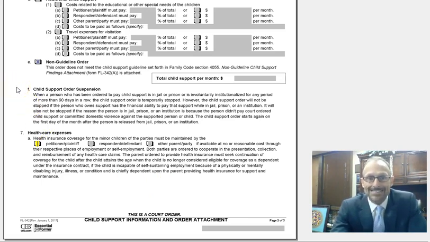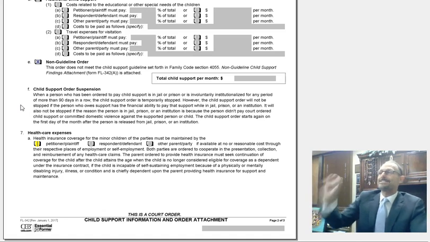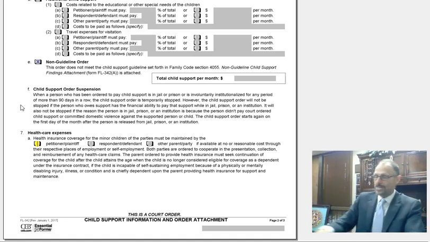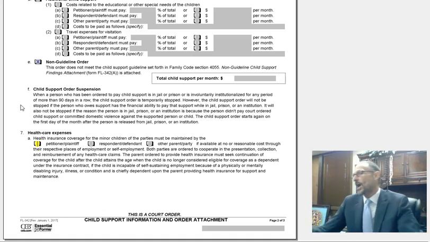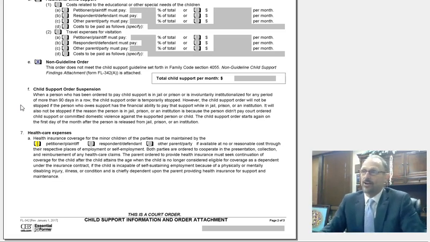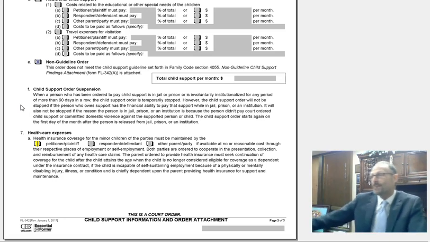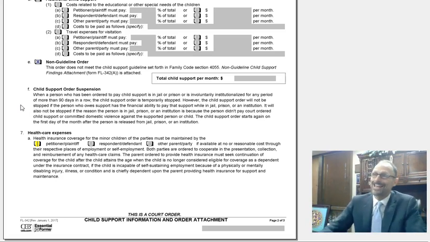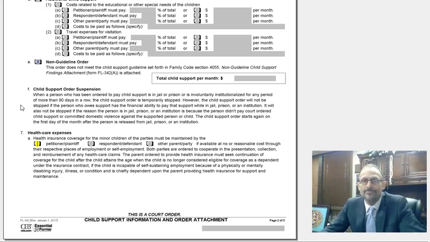Let's look at 7. Health care insurance coverage for the minor child of the parties must be maintained by. So either you guys agree that one party or the other or both will be responsible for carrying health care coverage, or the court may have ordered one of you to maintain the health insurance for the children. If so, that's where this gets marked.